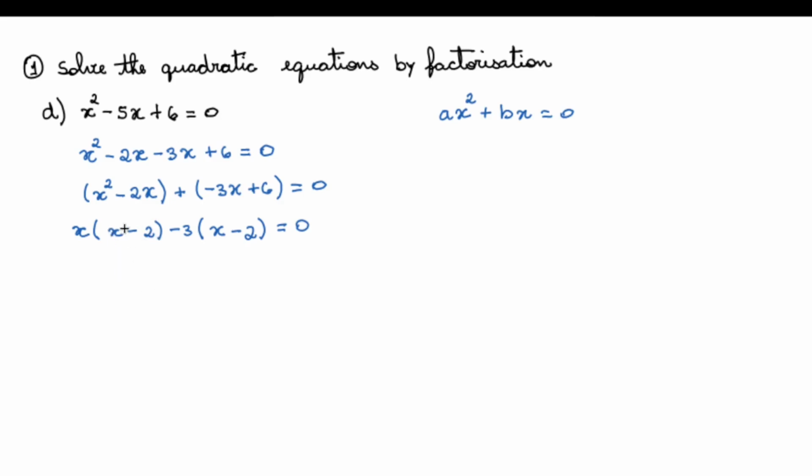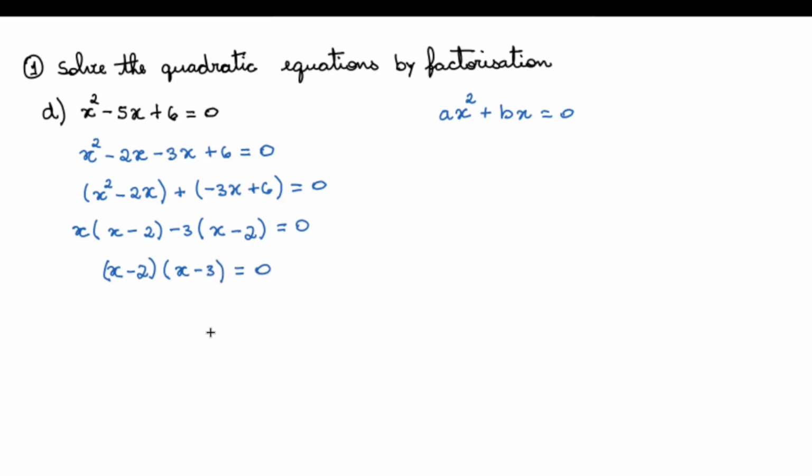Now we can factor out the common factor in both terms, which is x minus 2. So x minus 2, and then we divide each term by x minus 2. x times x minus 2 divided by x minus 2 equals x, and minus 3 times x minus 2 divided by x minus 2 equals minus 3.